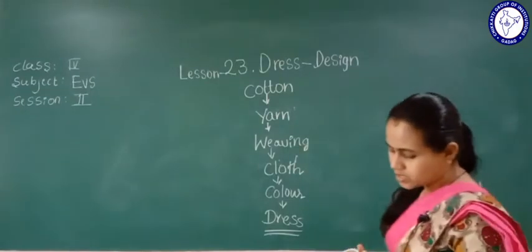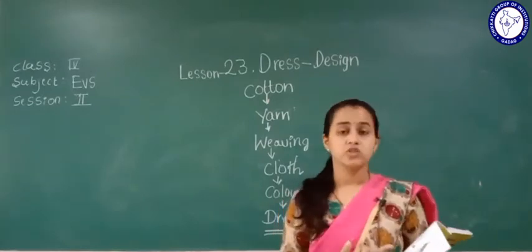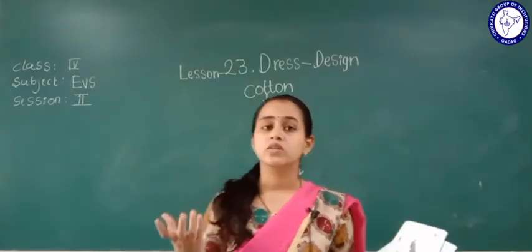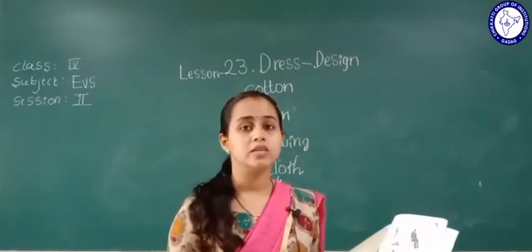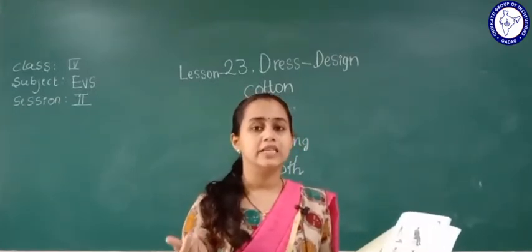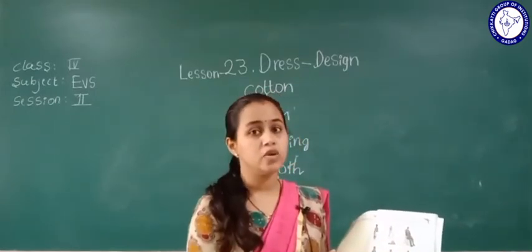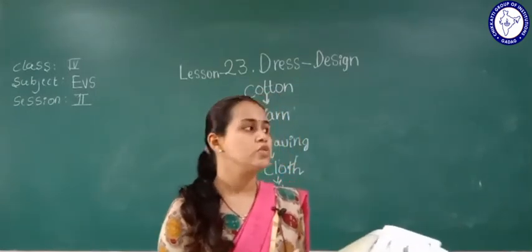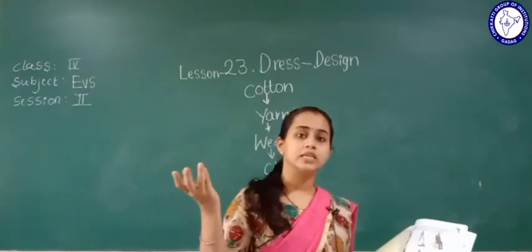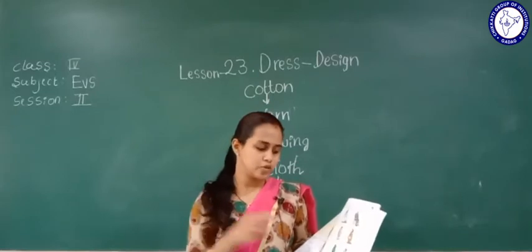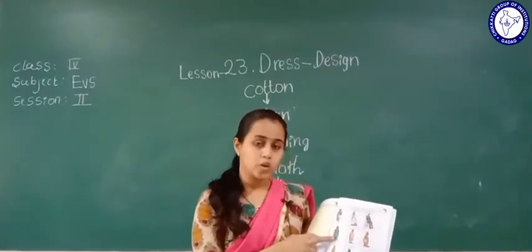If you see the fourth picture, usually the Kurgis, right? Coffee leaves, tea leaves, they usually wear these kinds of clothes, from the Kodagu side. The Kurgis usually wear these kinds of clothes.